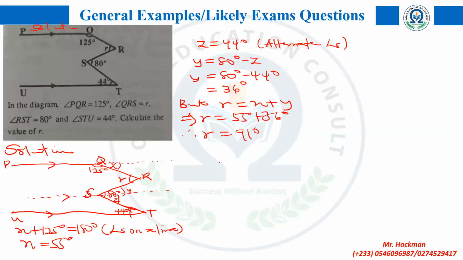So you don't first come and write "alternate angles are equal," then come down and write Z is equal to 44 degrees.